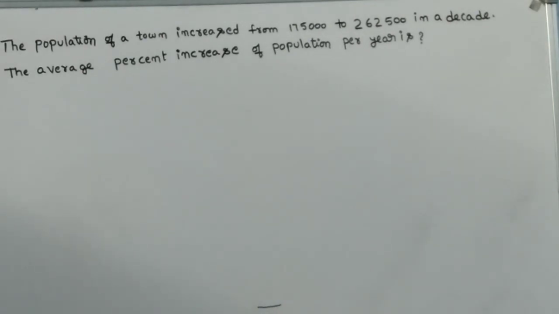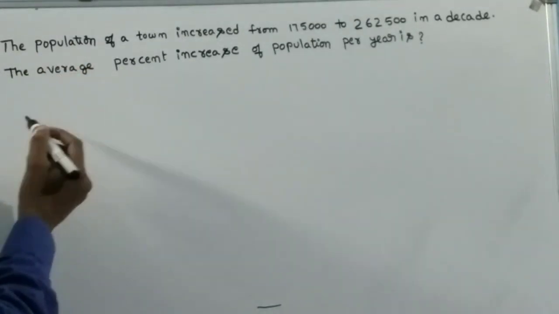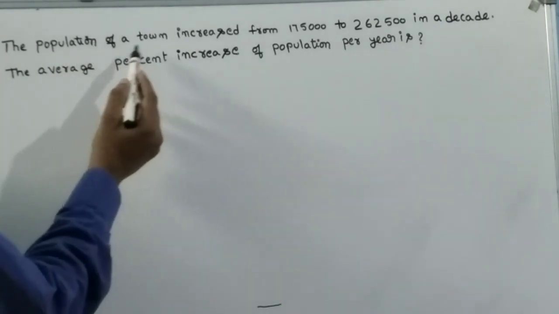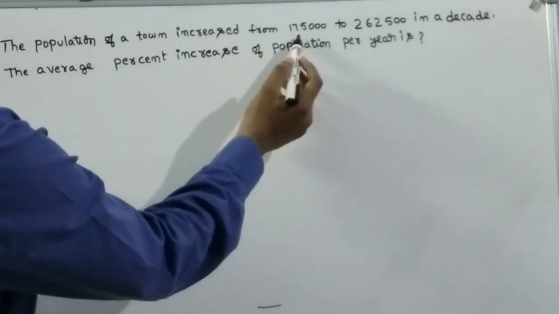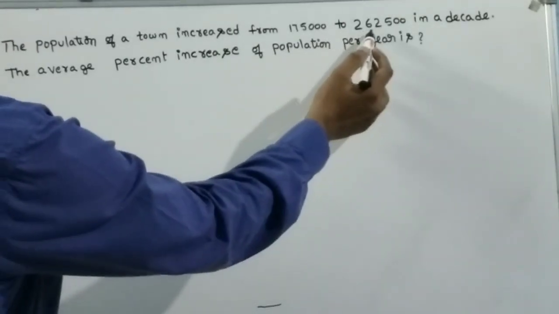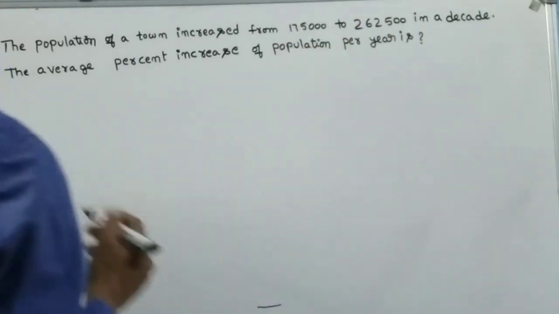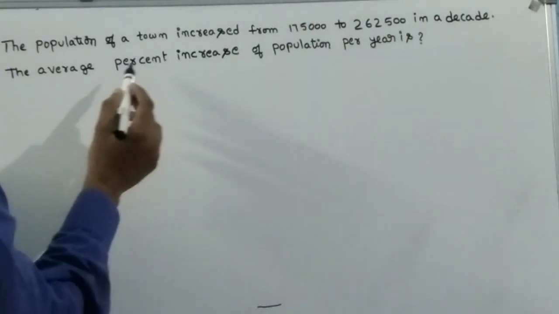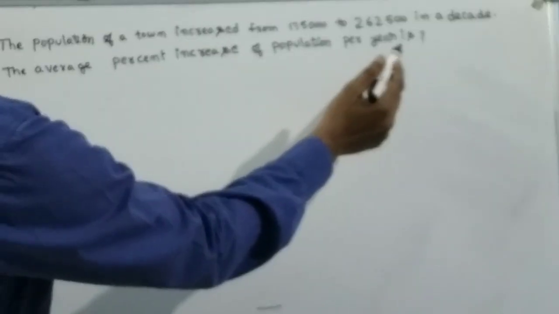Friends, good morning. Today we will discuss another percentage problem. The population of a town increased from 1,75,000 to 2,62,500 in a decade. The average percentage increase of the population per year is?